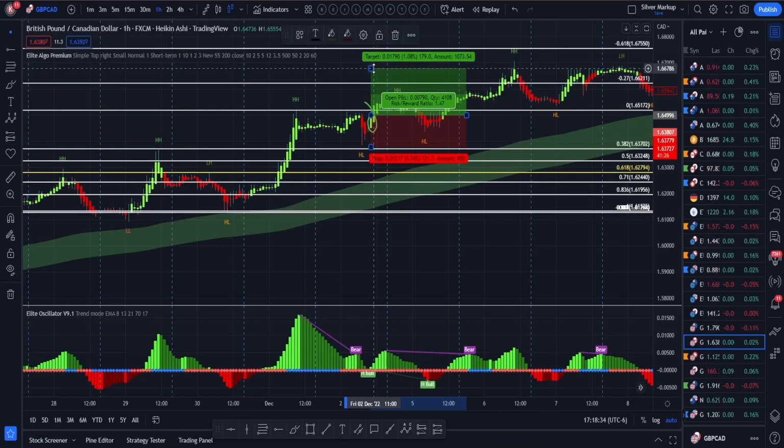Now, some things I do like to do to just kind of maximize my profitability is I like to be able to do twin trading. So what I mean by that is instead of opening up one order per setup, I open up two orders. The first order does my 1 to 5 reward to risk, and then my second order can do a 2 to 5 reward to risk, and then I'm trailing my stop loss.